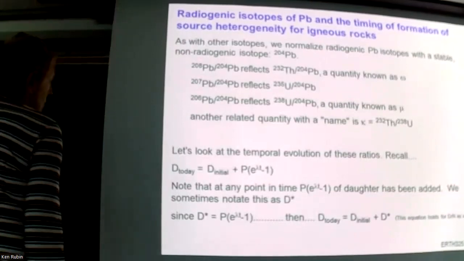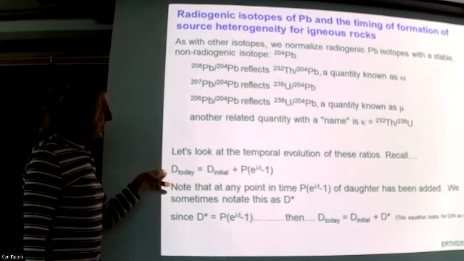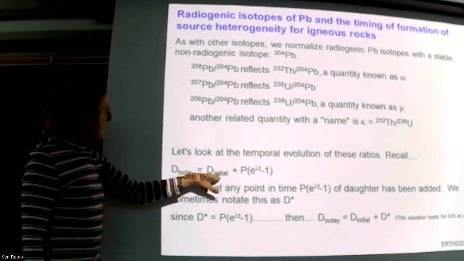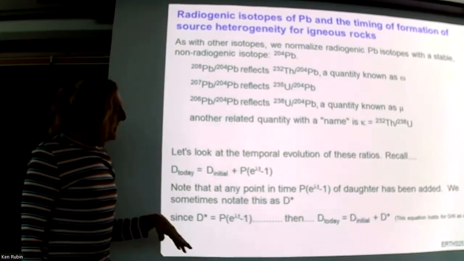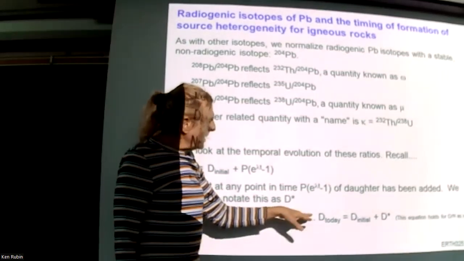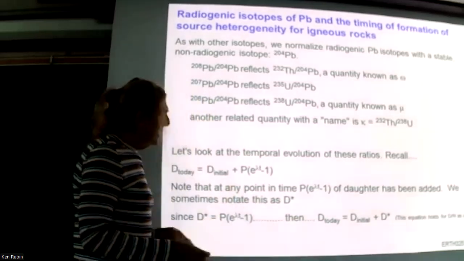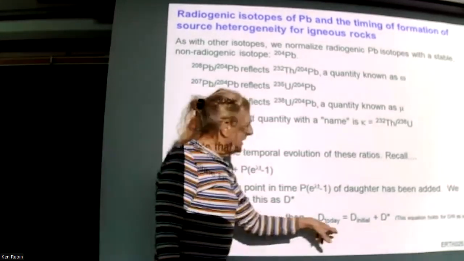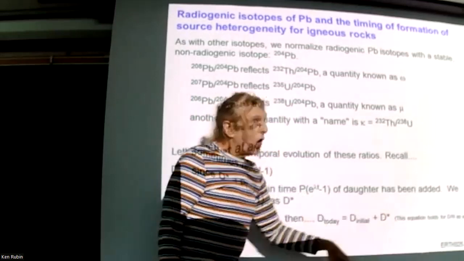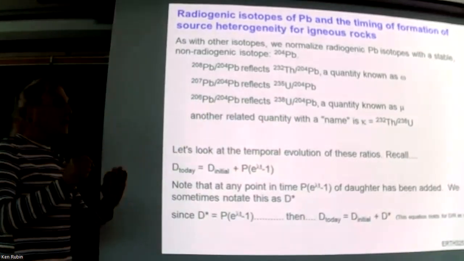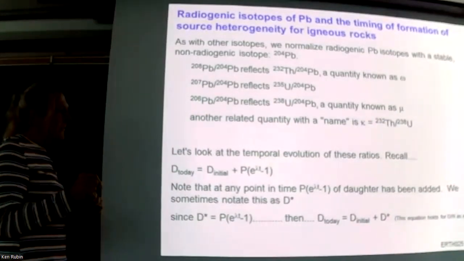So thinking about it in this equation, we could rewrite this, where we pull the initial value over here, and the value that we're really interested in is the D star, the part that has been produced since it formed.